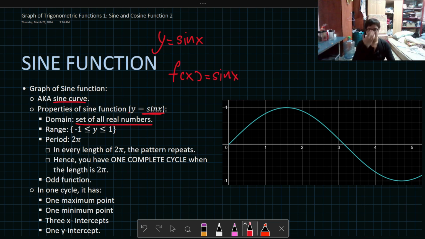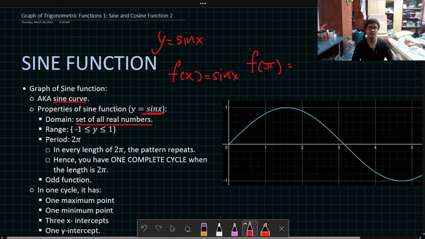If your domain is the set of all real numbers, it implies that you can substitute any values for x. For example, I will substitute pi for x. If my input is pi, that means I have sine pi as a result.